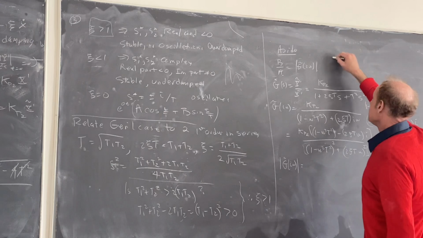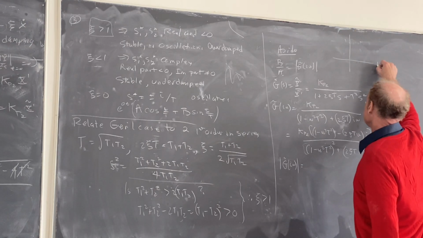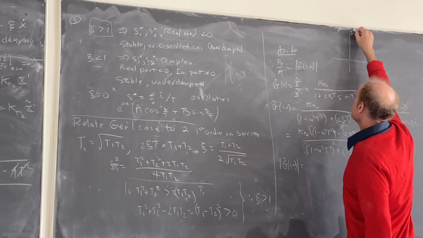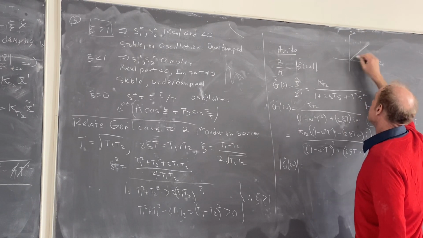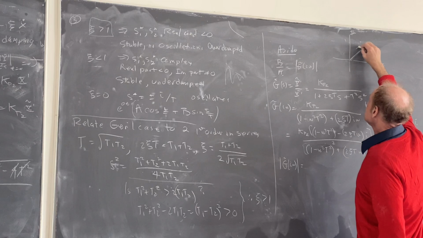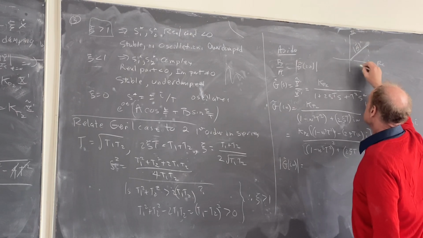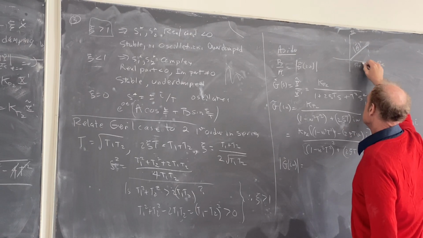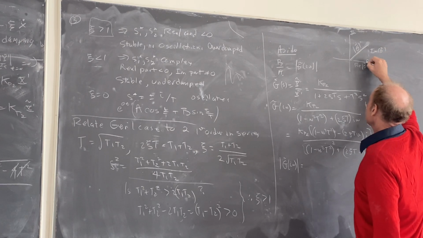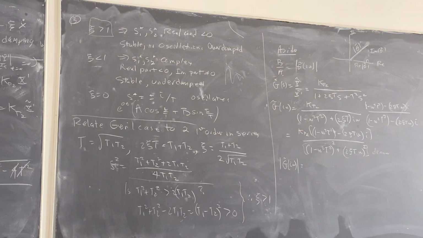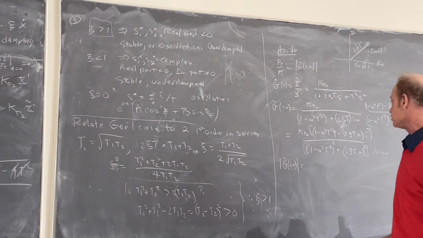So now let's calculate the magnitude of G tilde of i omega. Again, for my triangle, real part, imaginary part, if this is the magnitude of G tilde, this is the real part of G tilde, and this is the imaginary part of G tilde. And by Pythagoras' theorem, the magnitude is the square root of the real squared plus the imaginary squared.